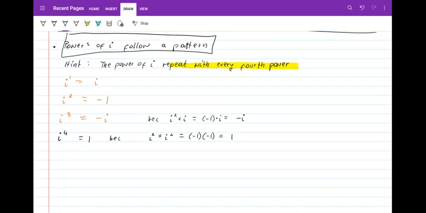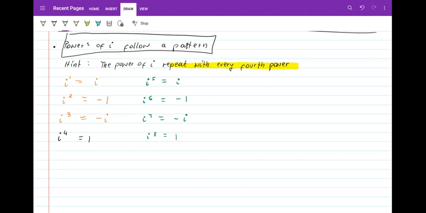So I showed you the explanation, so let me just erase that, and let's continue. Now i to the 5th will be the same as i to the first power, which is i. i to the 6th is negative 1. i to the 7th is negative i. i to the 8th is 1.